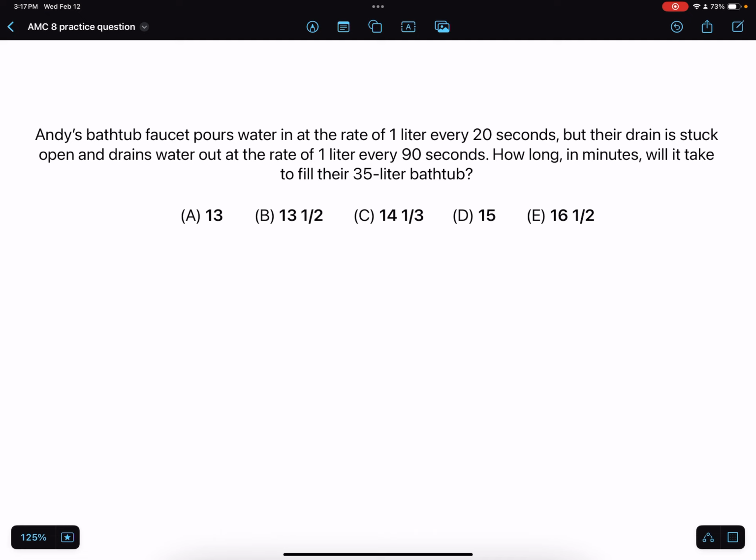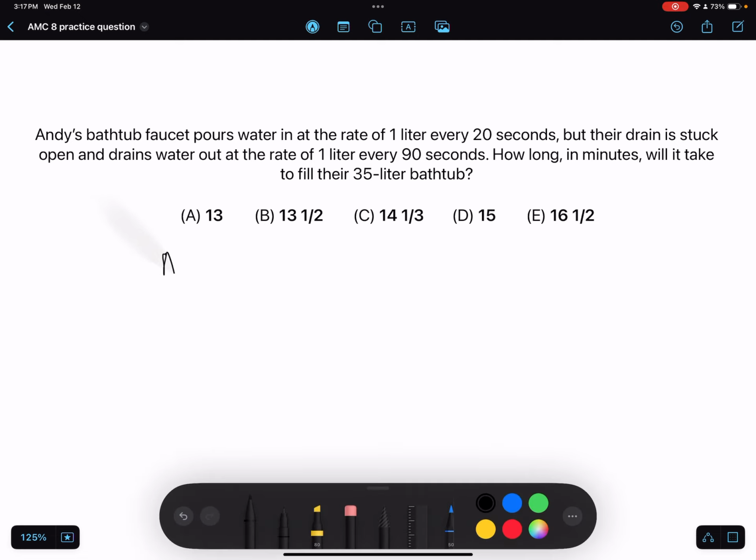So our first step is to figure out how much water is going to be in the bathtub after 180 seconds. They tell us the faucet pours water in at a rate of 1 liter every 20 seconds. So in 20 seconds, there's going to be 1 liter in the bathtub.